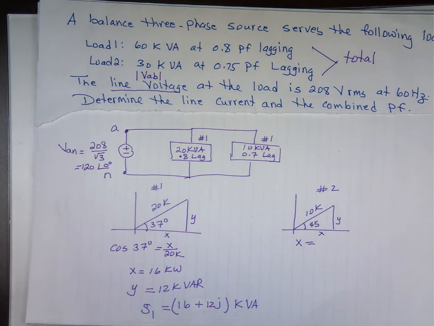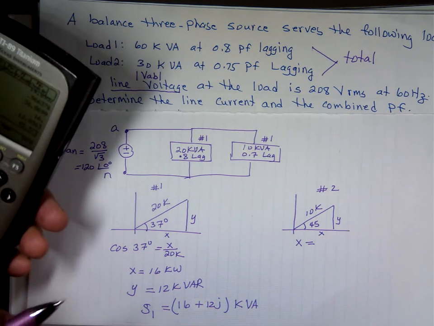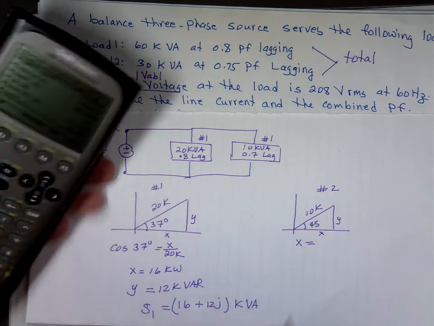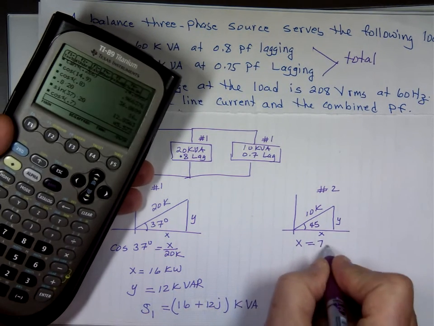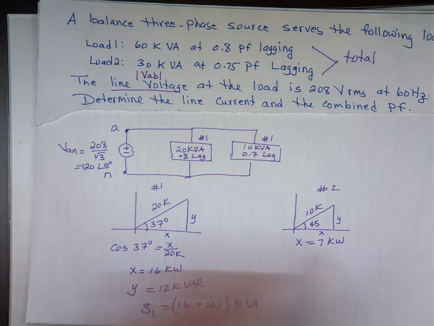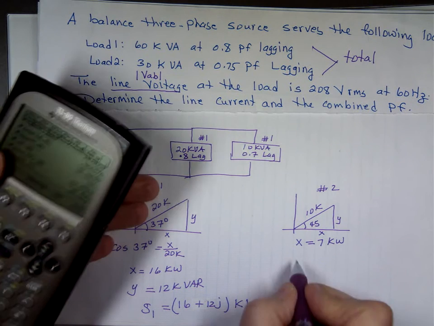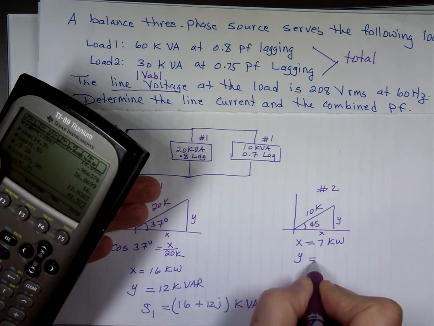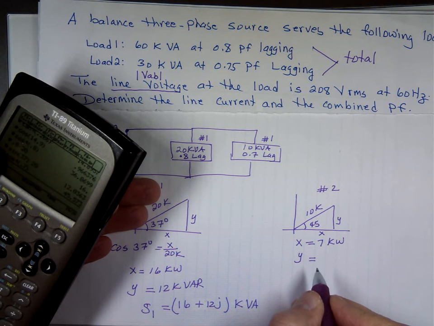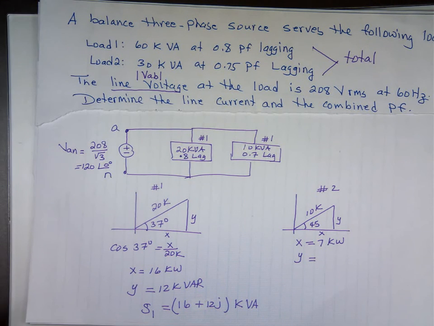X is going to be the cosine of 45, which is 0.7, times the 10K, that's 7 kilowatts. And y, the sine of 45 is the same as the cosine of 45.